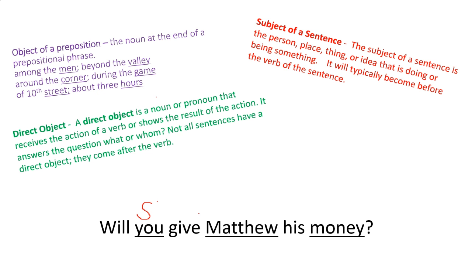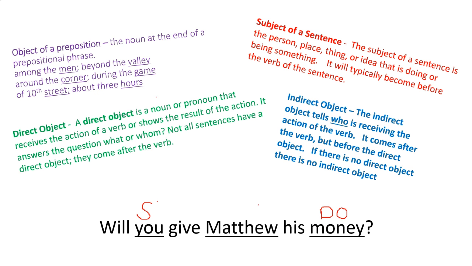To find the direct object, we have to decide what we are giving. We're giving money, so money is the direct object. Okay, you notice the subject is before the verb, the direct object is after the verb. What is between the verb and the direct object? It's your indirect object.